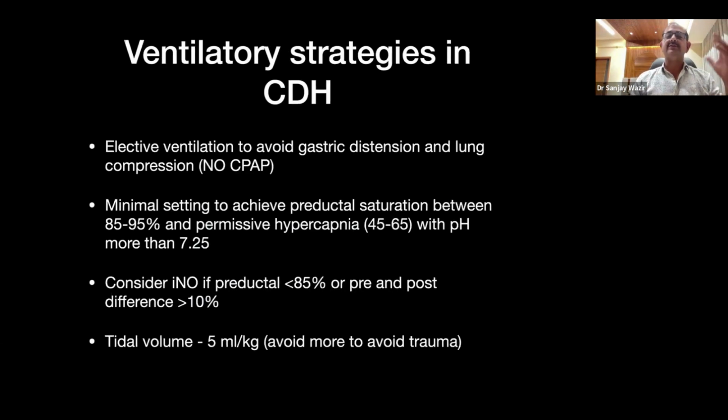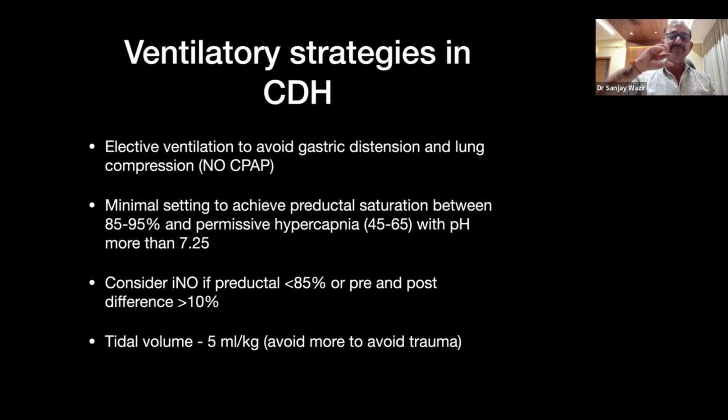So when the baby is born, we understand that we do not want to give CPAP or positive pressure ventilation, because it causes gastric distension and further compromise of the lungs. But you also want to target an oxygen saturation somewhere between 85 to 95 preductal, and in the first 2 hours it could be even lower, at 80 to 85.